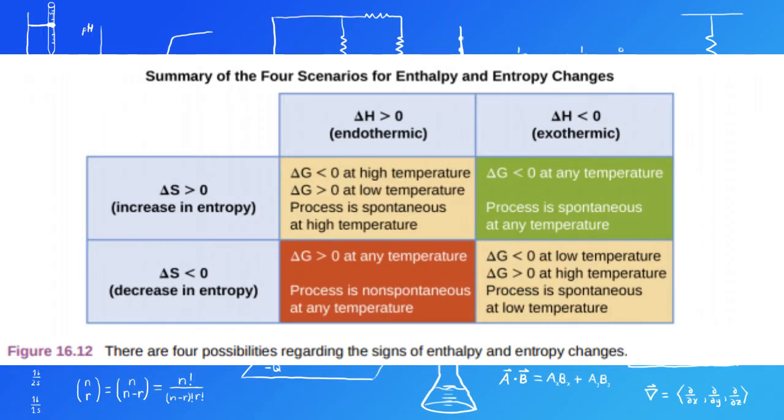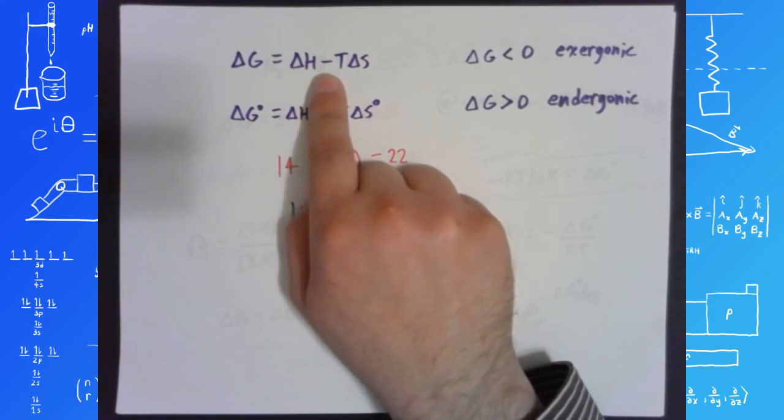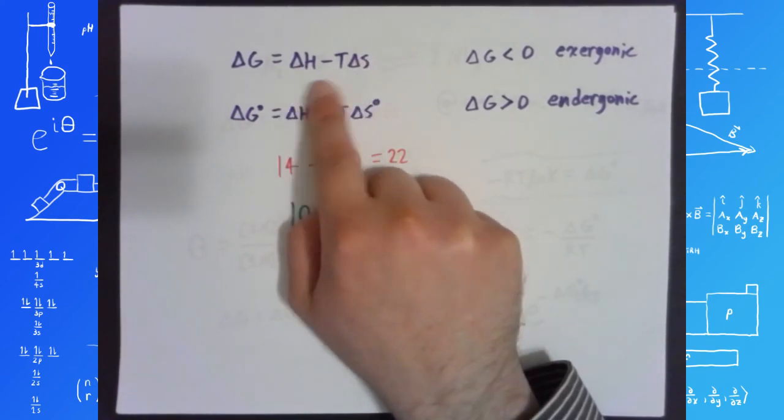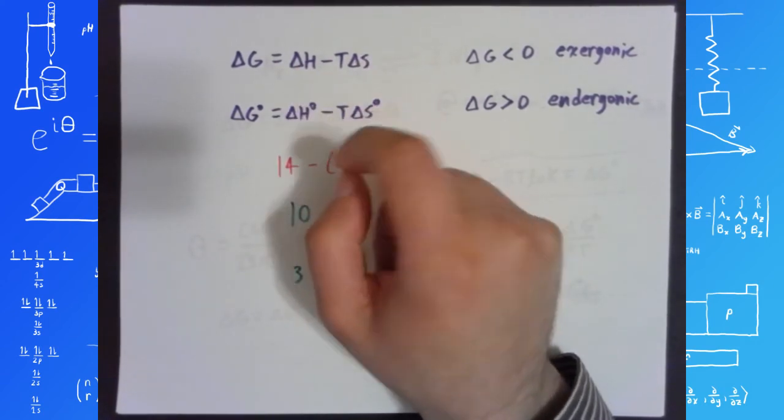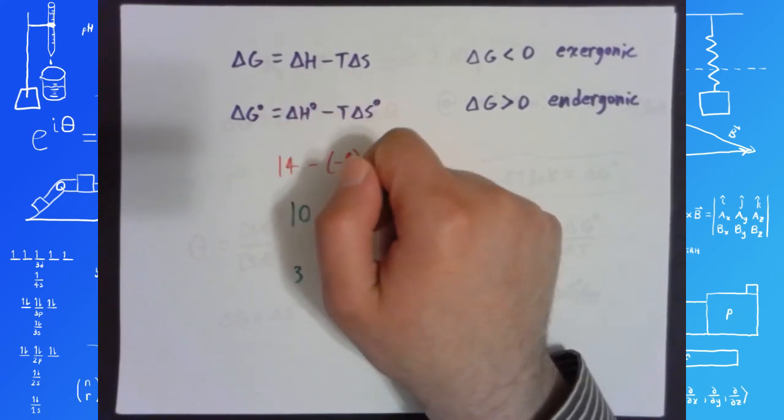If we look at the top right corner, we've got the exact opposite of that. Delta H negative and delta S positive. In that case, you would have a negative minus a positive, which is always going to be a negative. If I tried something like negative 12 minus 5, that would be negative 17.